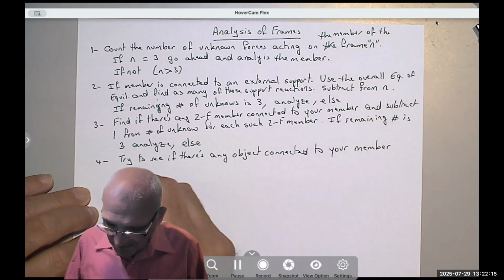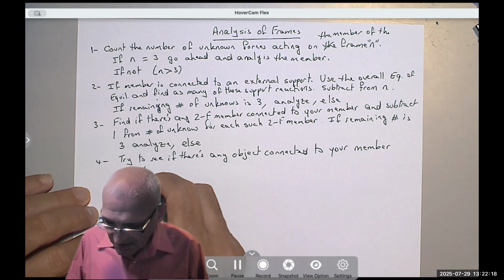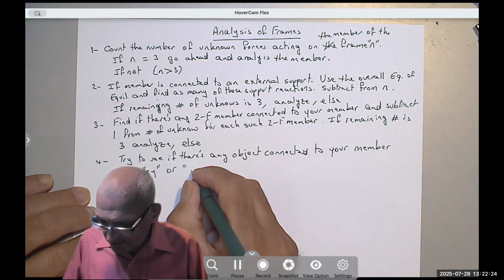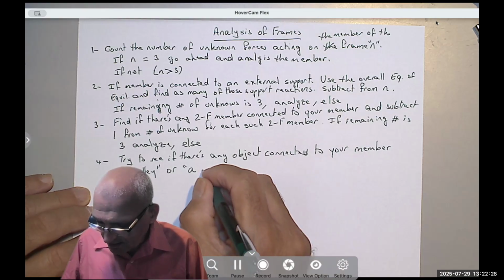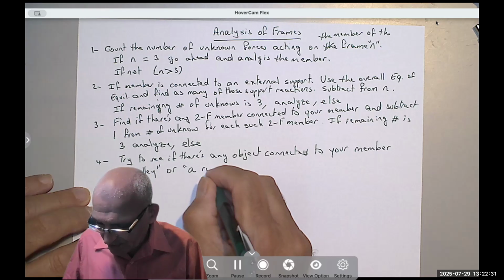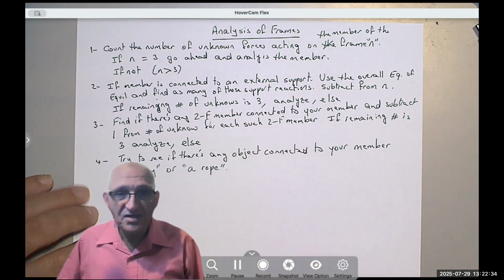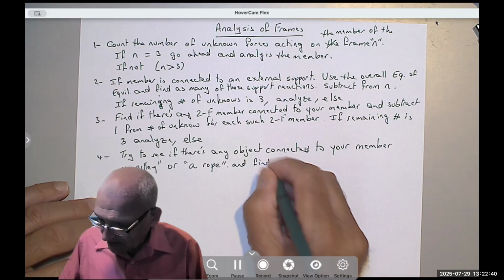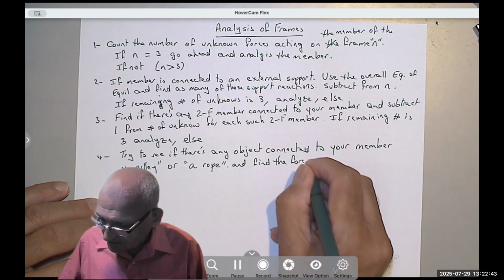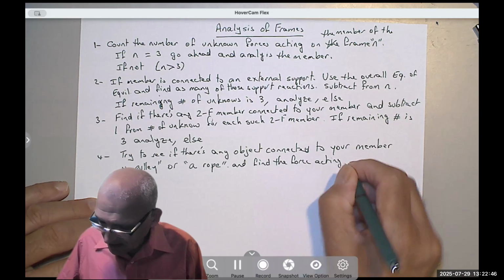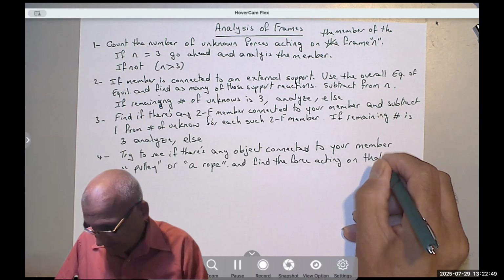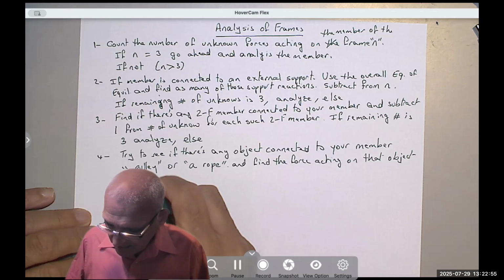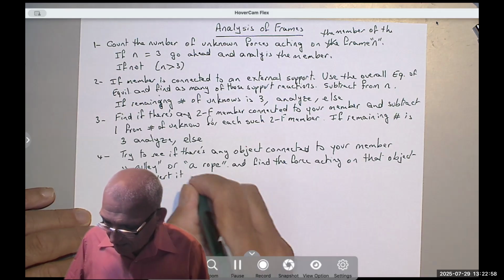When I say object, meaning a pulley, we'll see that, or a rope or something connected to that, and find the force acting on that object and invert it on your member.